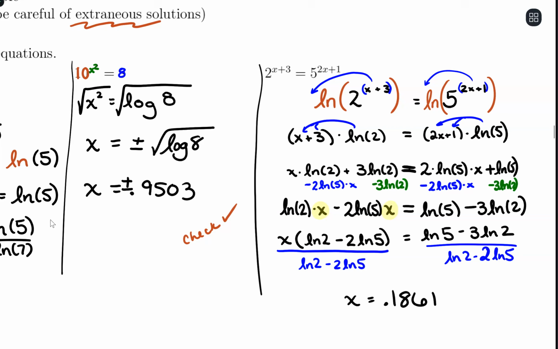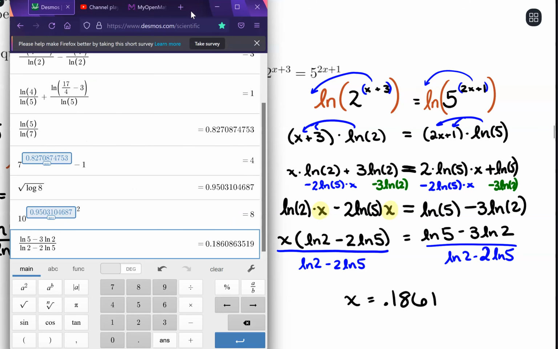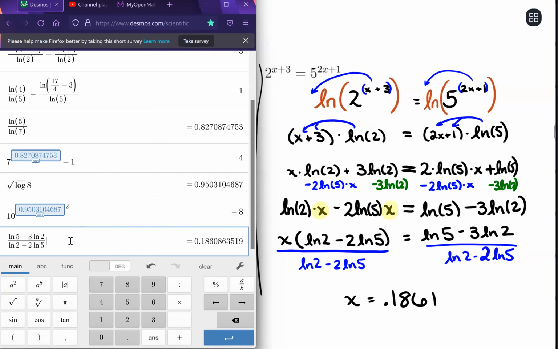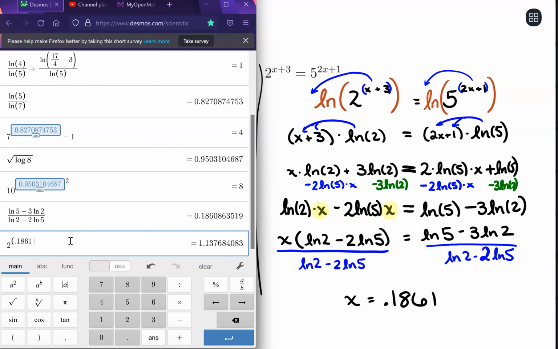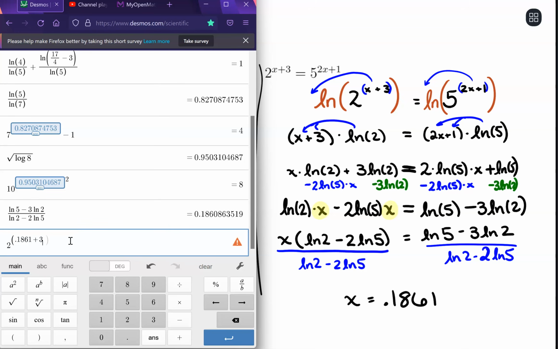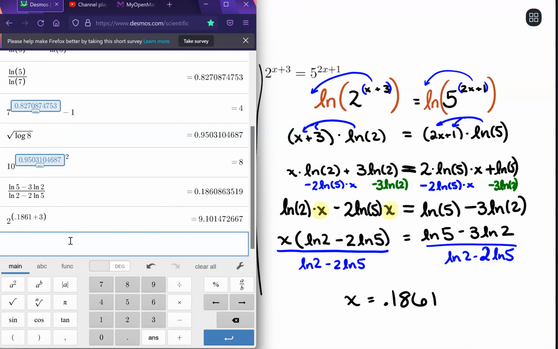So we're going to plug it in to the original equation. So 2 with an exponent of 0.1861, and then plus 3. So I need parentheses in that exponent to group it together. All right, I'm getting 9.1015.